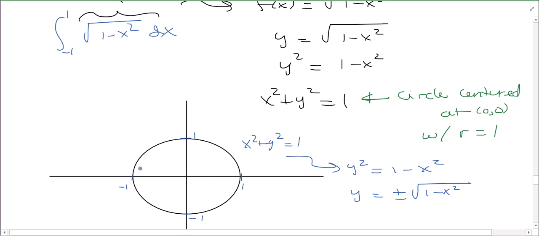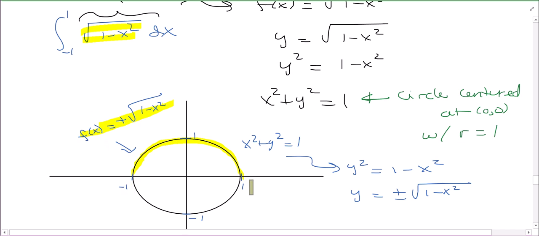So the top one is really f of x equals the positive square root of 1 minus x squared. Let me repeat that: just the top half of the semicircle is what this integral represents.